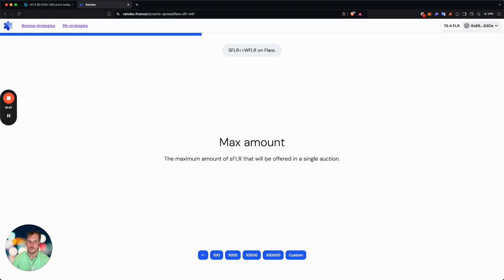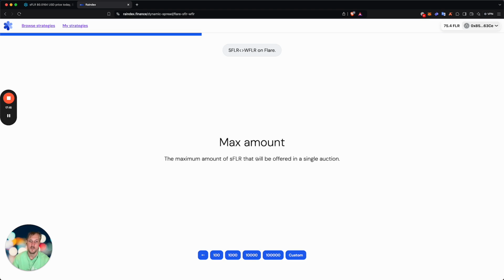So the strategy is offering fewer tokens at the tighter spread because it doesn't want to overcommit to a market that isn't really doing anything, because that means that there's not a lot of price discovery happening, or the price discovery that's happening, we could say the price has already been discovered. It's happening in a very tight range.